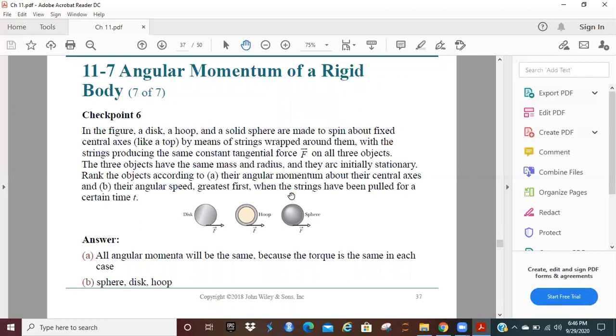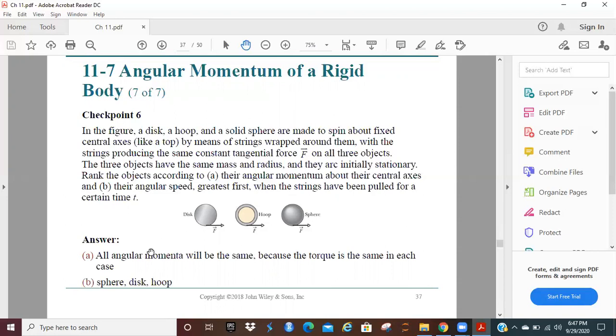Three objects of the same mass and radius, and they are initially stationary. Rank the objects according to their angular momentum around their central axis, and their angular speed, greatest first, when the strings have been pulled for a certain time.